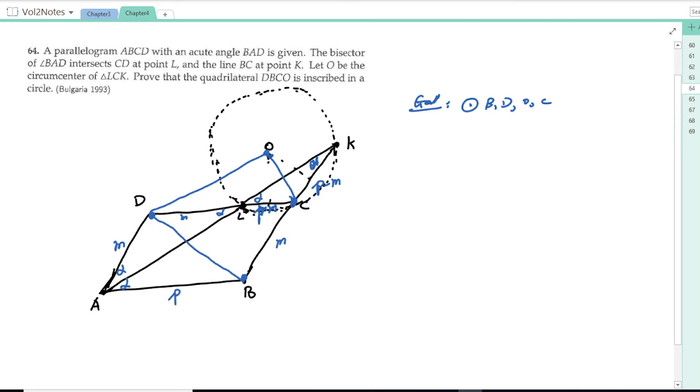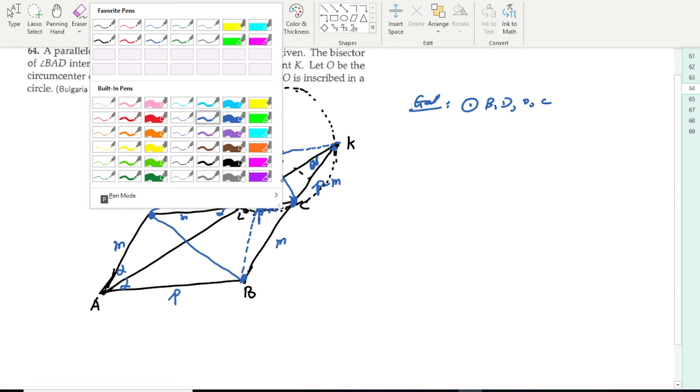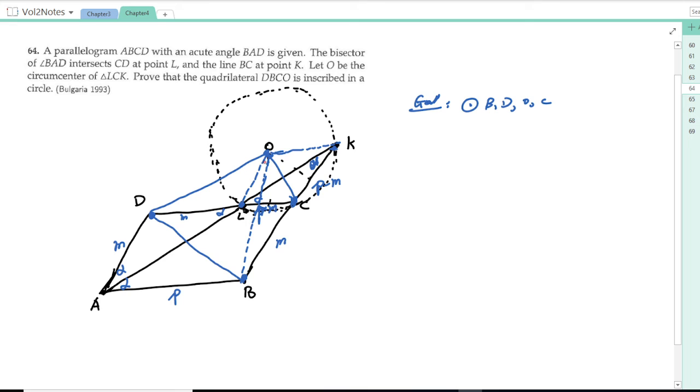Let's connect OB. Okay, so we have this one is P minus M, right? And this one is P minus M. Okay, so we have a kite.